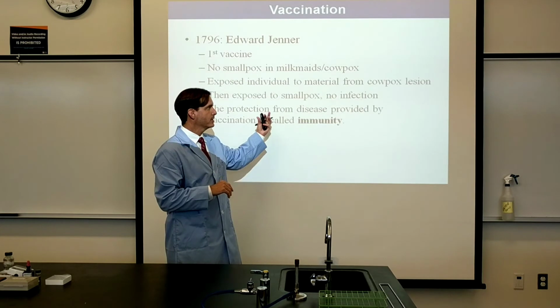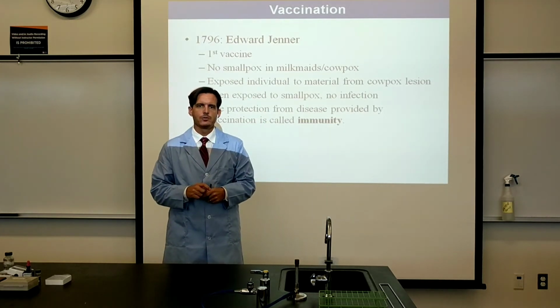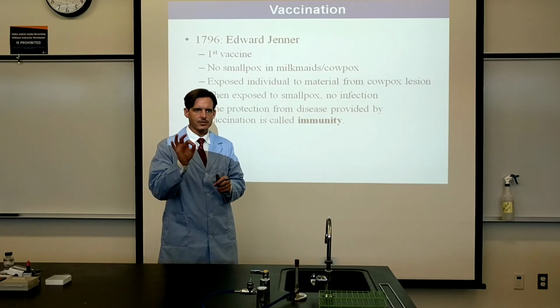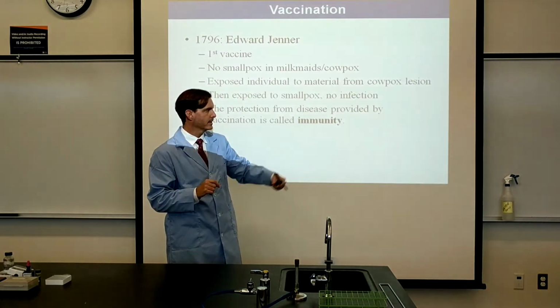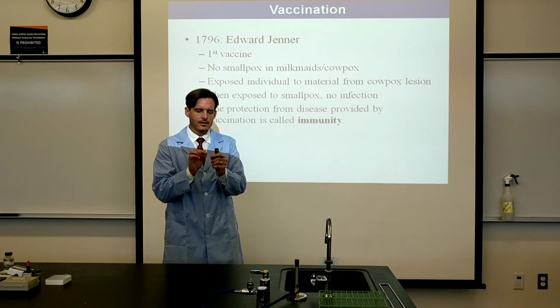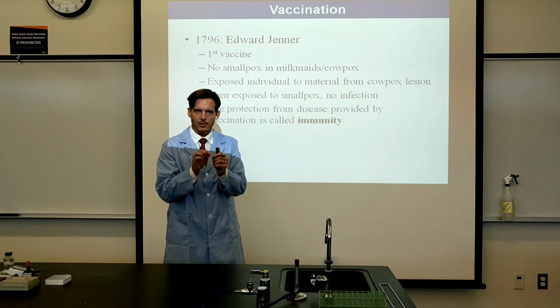Or in the original version, what he did was called variolation. Variolation is where you take scrapings from, say, the lesion of a cow, and you spread it along a needle or a small scalpel.